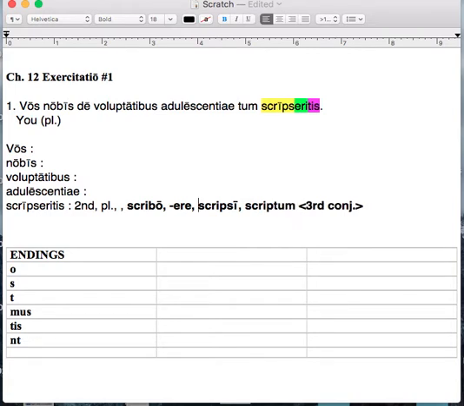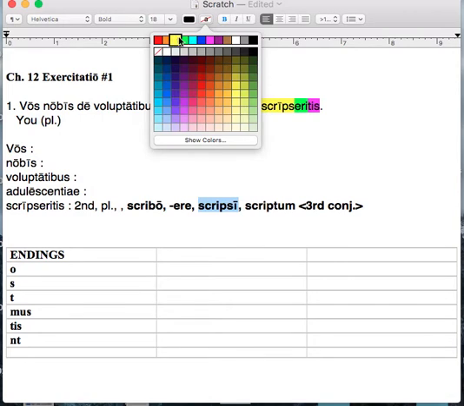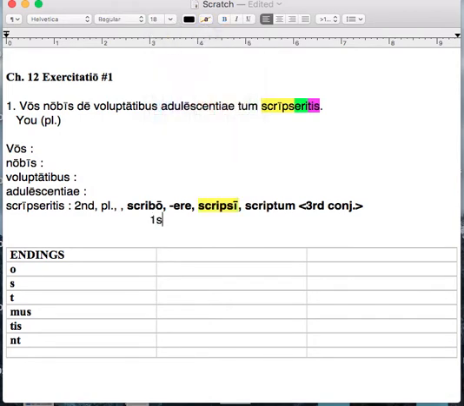And you'll notice the third principal part, which is the perfect, is the first person singular of the perfect tense. Active voice, indicative mood. Those two are less important at this point. Most important is it's the first person singular of the perfect.